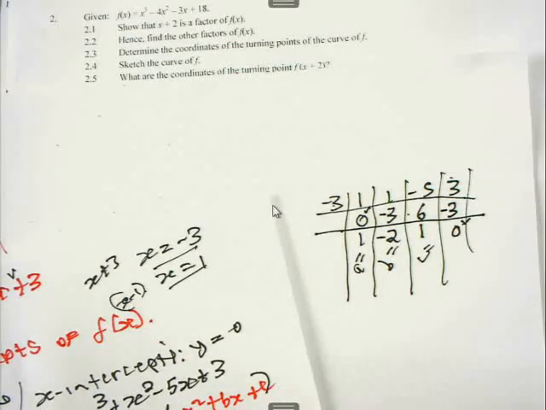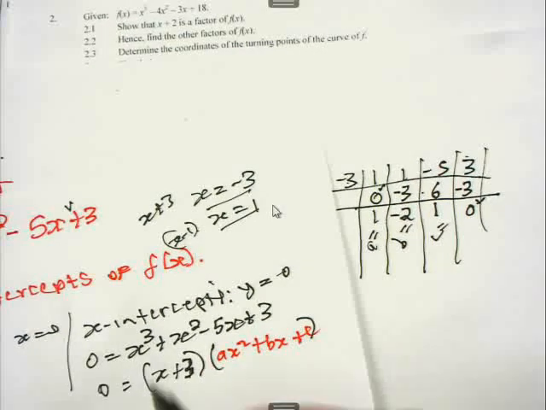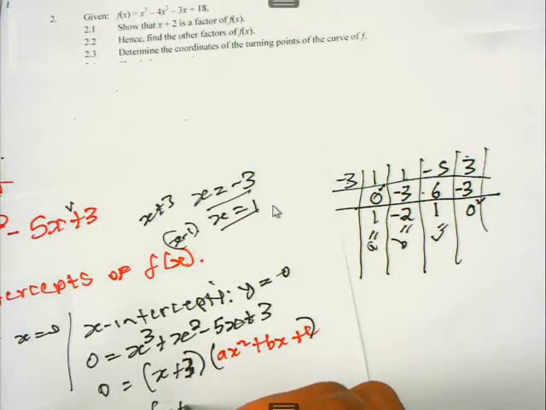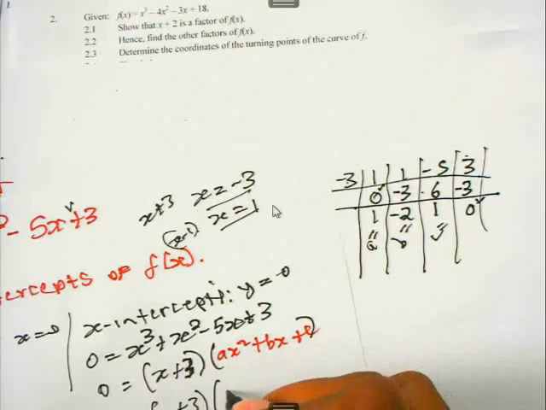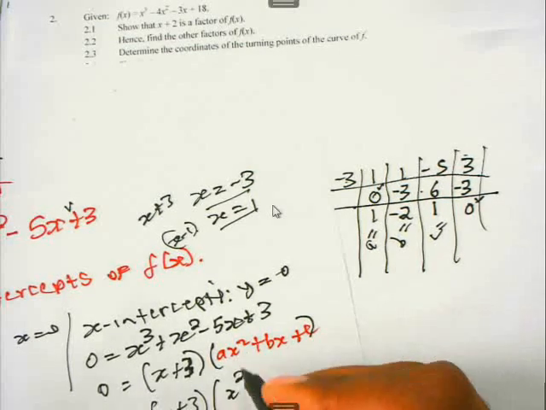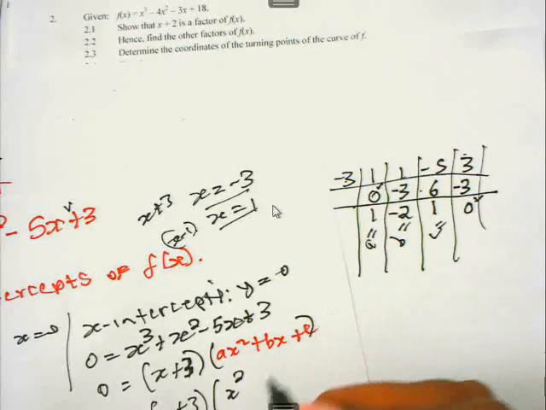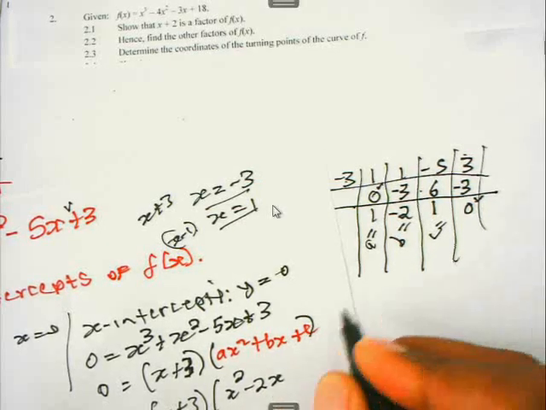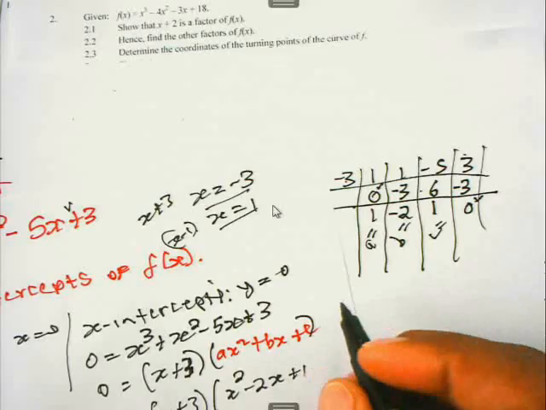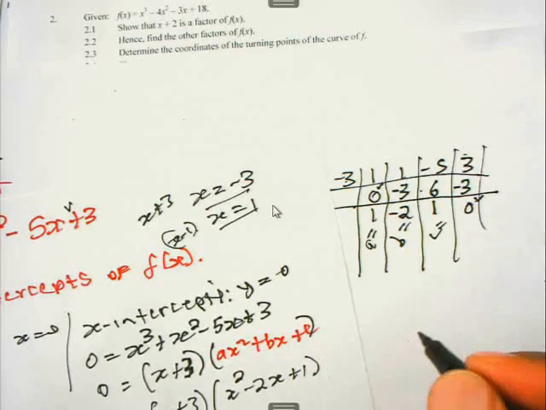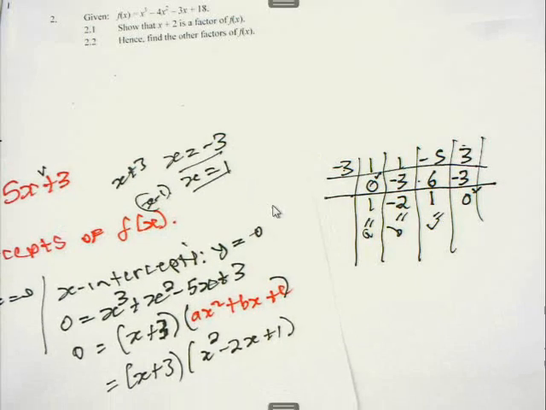Then I can write this on this side: now we have x plus 3 here, and x squared because A is 1, and B is minus 2x, and C is a positive 1. And then, of course, here we have the quadratic one.